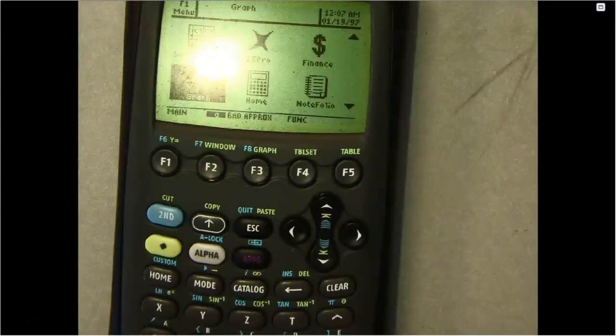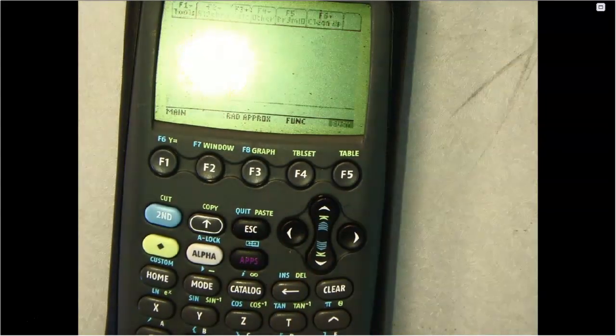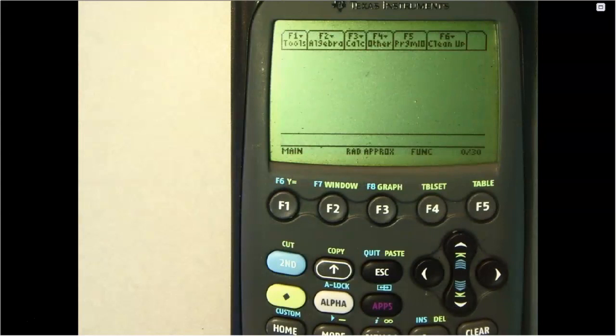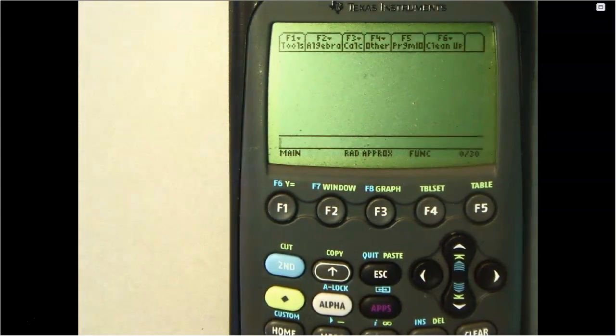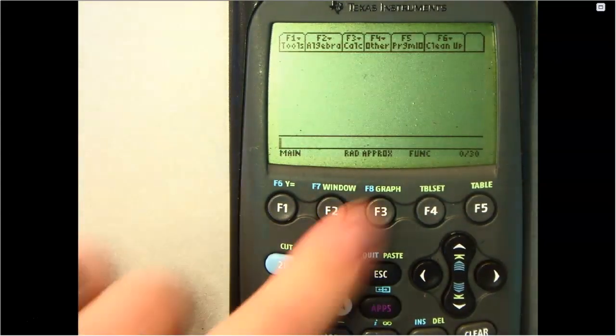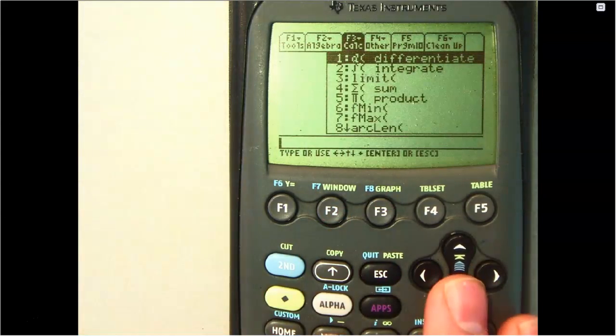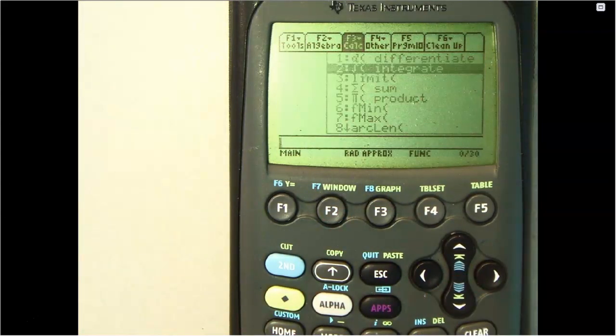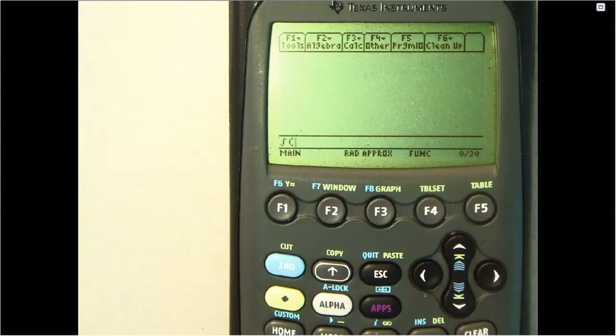Alright, just to remind you, go to the home screen. You can go integrate 4 minus -2 divided by x squared, comma x.